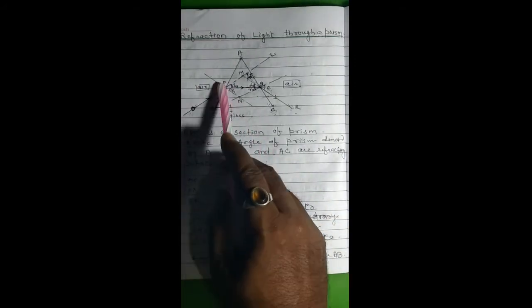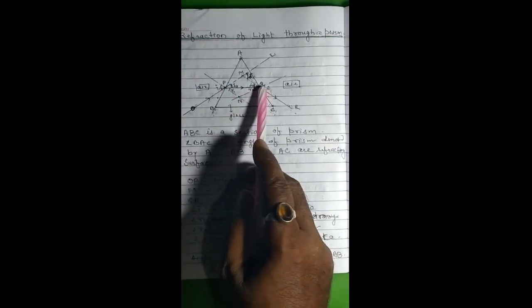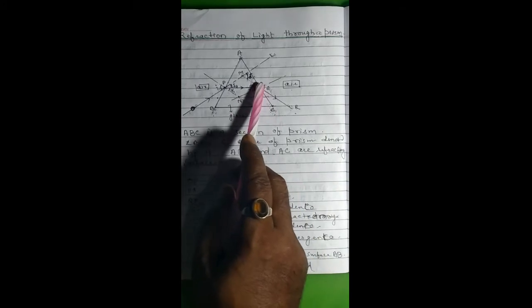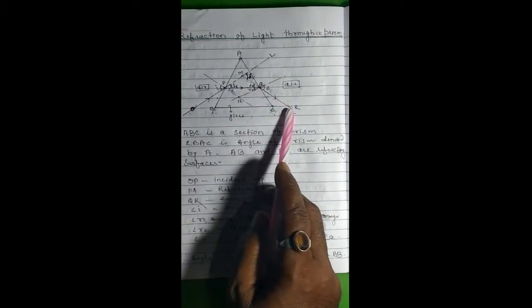See here, OP is incident ray. PQ is refracted ray. QR is emergent ray.